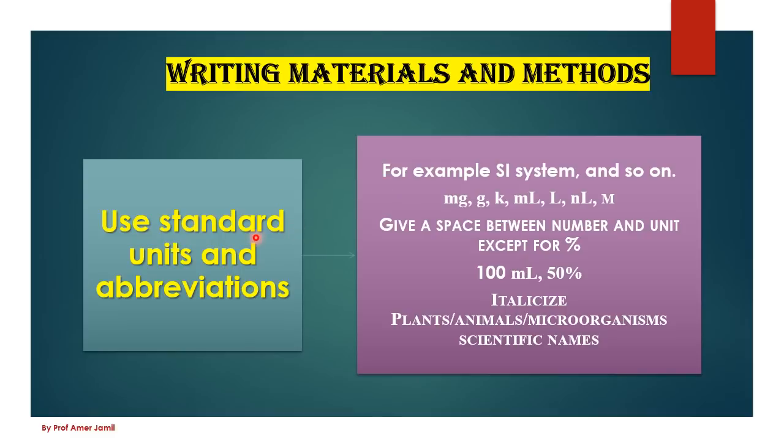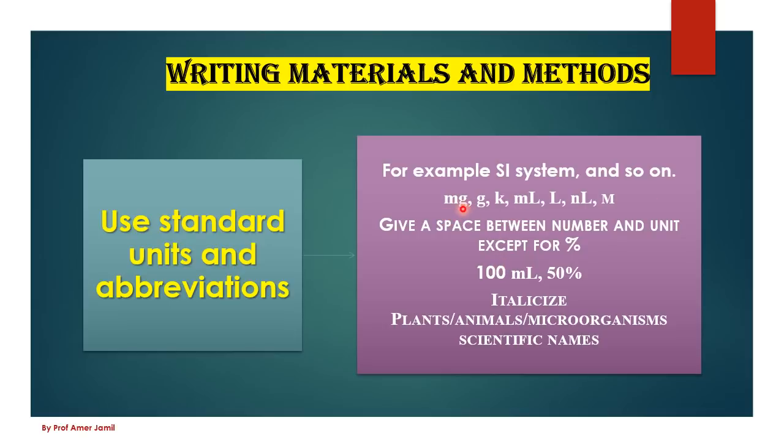It's very important that you use standard units and abbreviations. Do not make your own abbreviations. Use units, for example the SI system, in biological or chemical types of synopsis, and standard abbreviations in social sciences and other subjects.